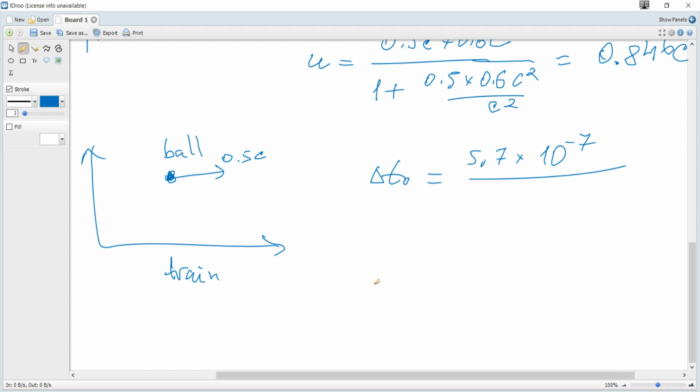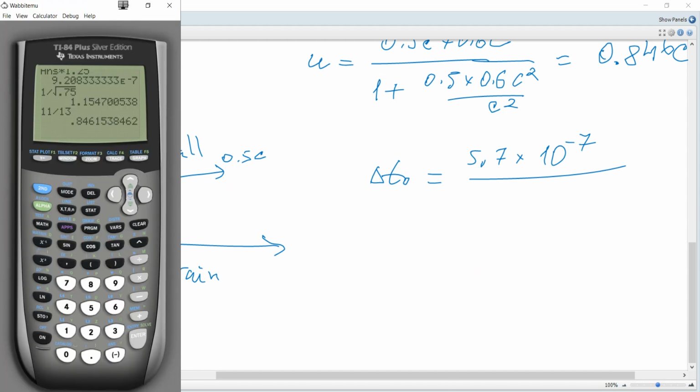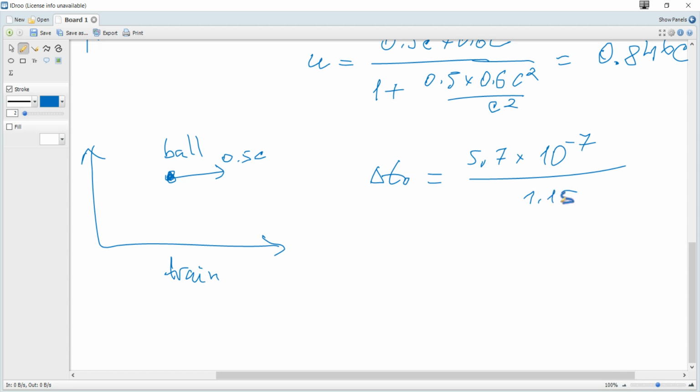Gamma should be calculated for 0.5, and it's 1.15. It's 1.15, and it's proper time. It's the time in the reference frame in which the ball is stationary, or the reference frame relative to the ball.